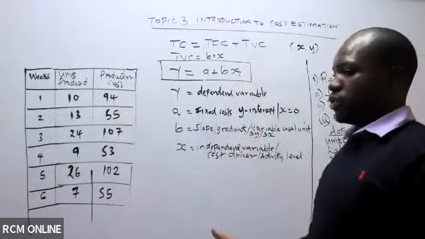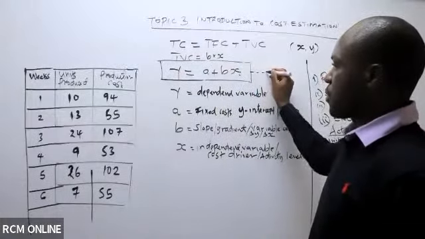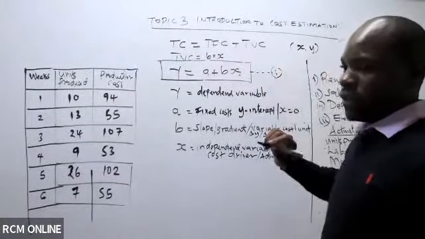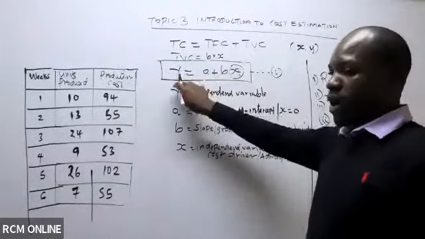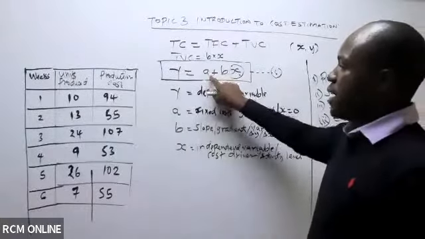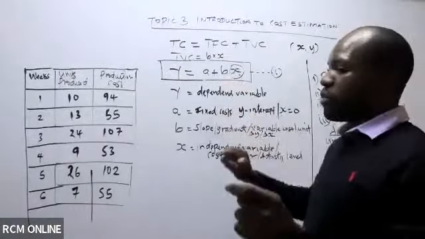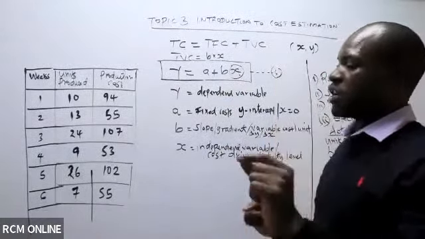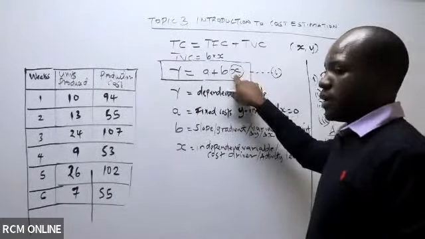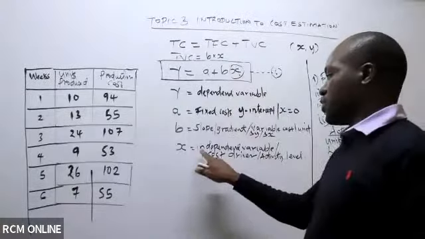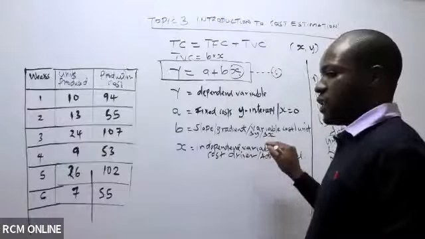It dictates what we are going to have, which means in the entire cost function, it is only X that determines the value of Y. A, which is fixed cost, will be constant throughout. B, which is variable cost per unit, will be constant, but total variable cost will change because of change in X. And therefore, that's why we give it this name, independent variable, cost driver, or activity level.